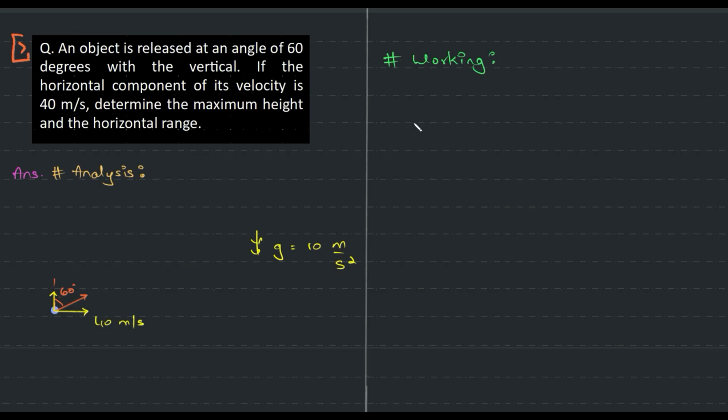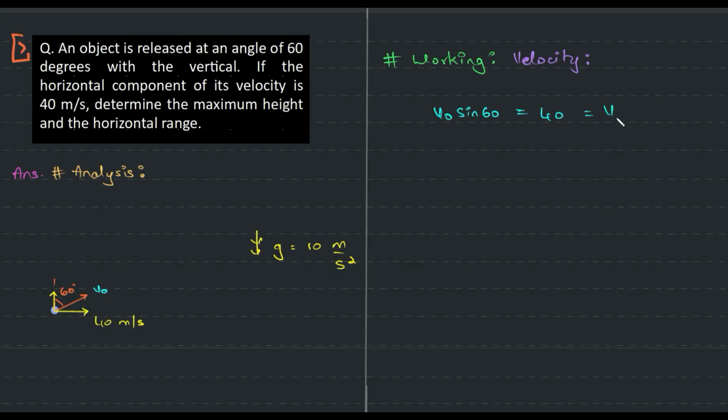First, we'll figure out the velocity. So the initial velocity v naught, v naught sine 60 degrees is given as 40 meters per second, right? So this is your v naught, sorry, not x, v naught.